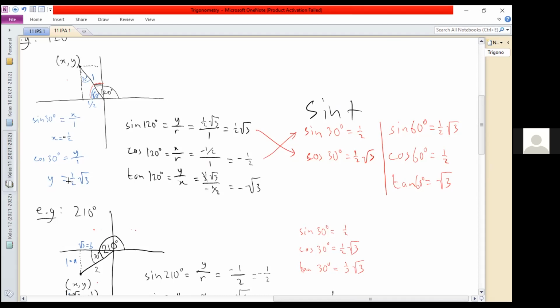Okay. So if we are finding the related angle which is adjacent to the x-axis, the value will always be the same, only different in the sign. So in this case, 120 degrees here, we chose this value, which is 60 degrees.